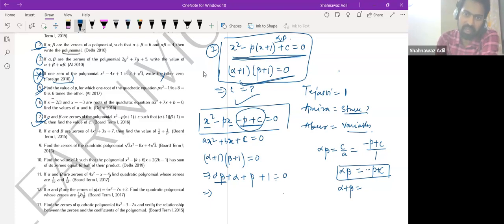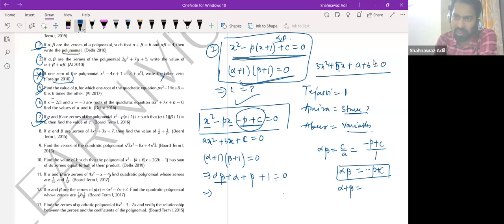So if I have, let's say, 3x square plus 5x plus, if I write, let's say, a plus b here, then this a and b does not contain x or x square. So this is the constant, right?